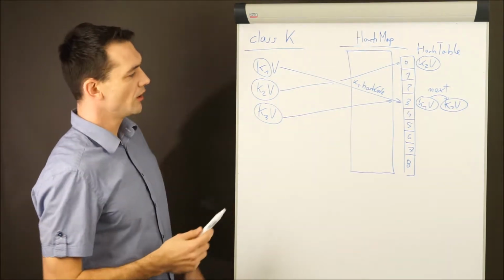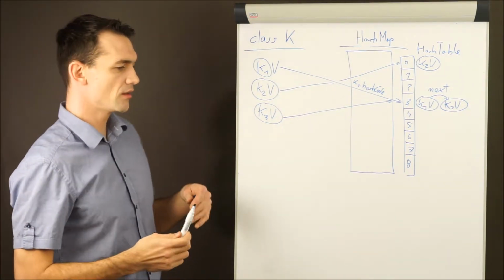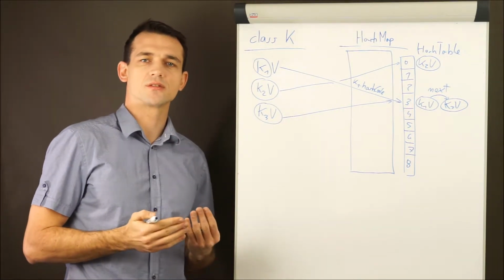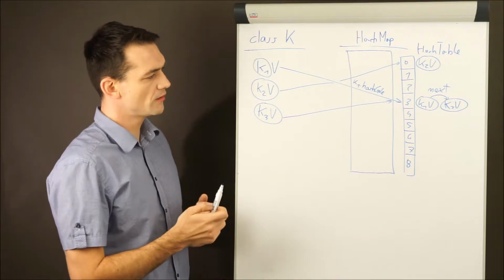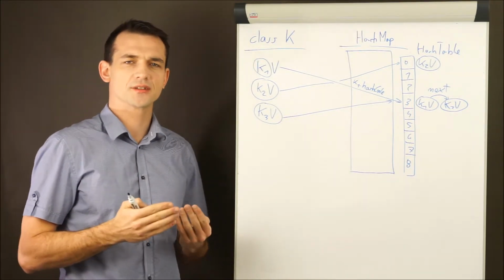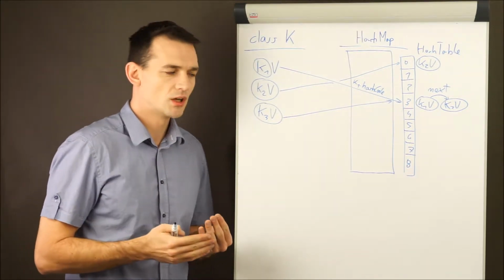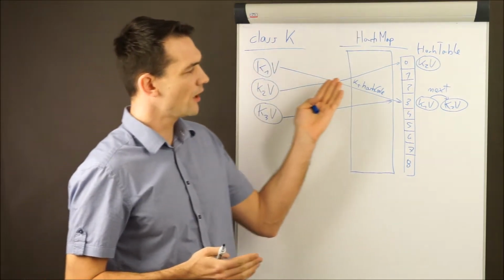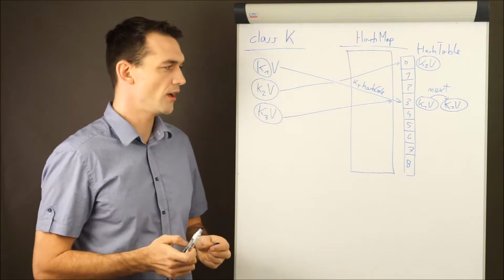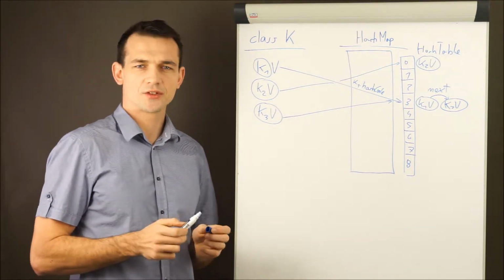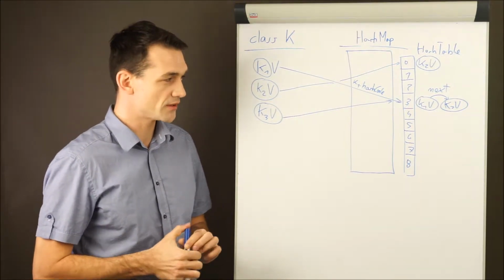If we have many objects that are different in terms of the equals method, and they return us the same hash code, probably our hash table will degenerate, and we have much worse efficiency, much worse performance of the structure.